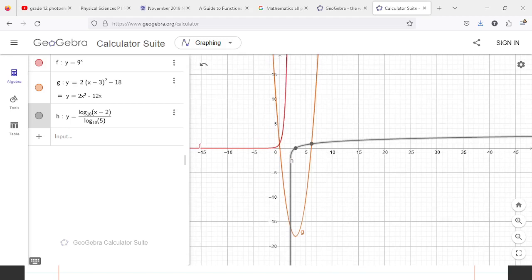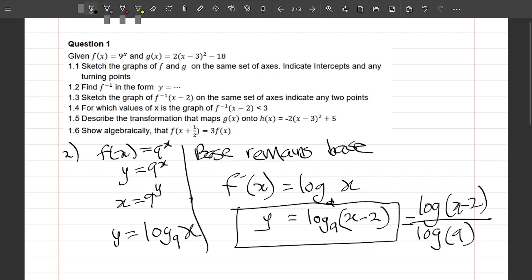Okay, then the question that proceeds after that is asking for which values of x is the inverse of x minus 2 less than 3. So this sounds a little off, but this is just an inequality question.